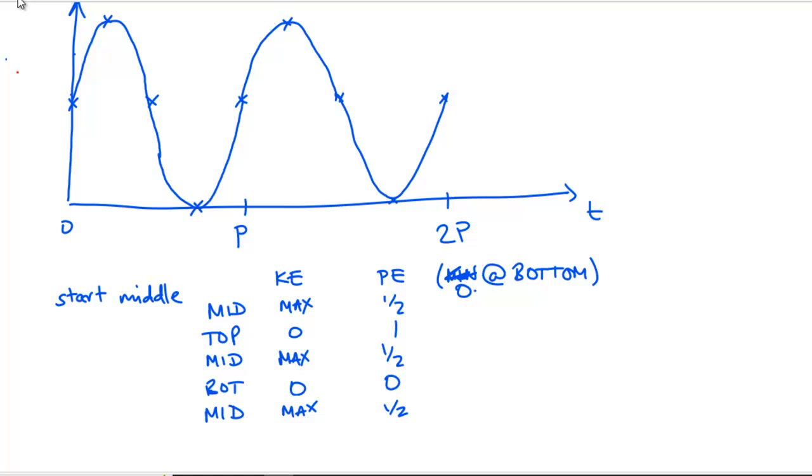Where we've got a top and a bottom position, we're going to have 0 kinetic energy. So we've got to go through there and there. And we're going to have a maximum every time we're hitting one of these midpoints. It's open to debate as to whether that maximum will be greater than or less than the maximum of the potential energy. So I'm going to do it less than because I'm running out of space.